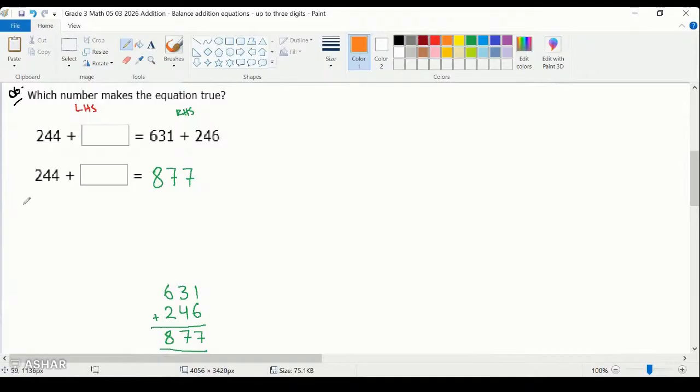We minus this number 244 on both the sides. This becomes 0, 0 and 0. But if we subtract the same number on the right side, what should we be left with?